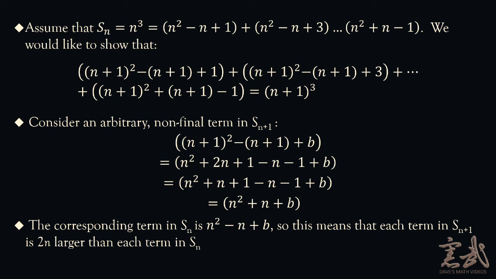We can use this fact to write s sub n plus 1 in terms of s sub n. Now, as we just said, each term in the sum s sub n plus 1 is 2n larger than each term in s sub n, which means that we can write the following.